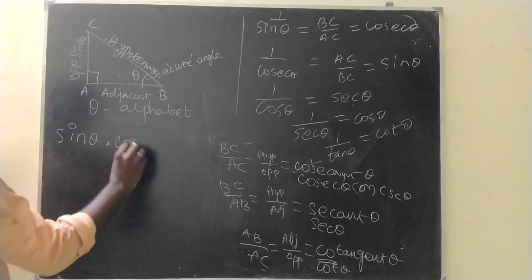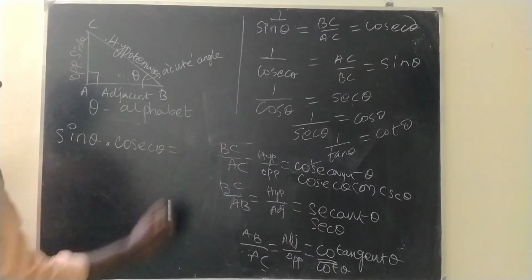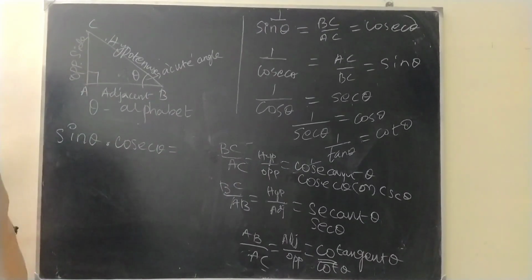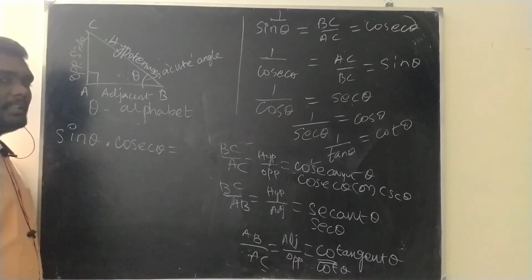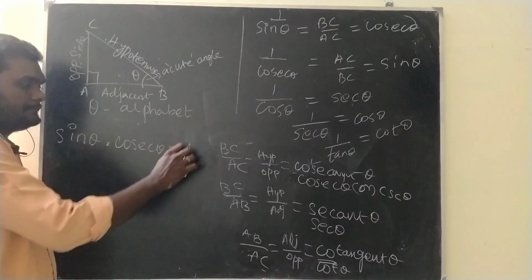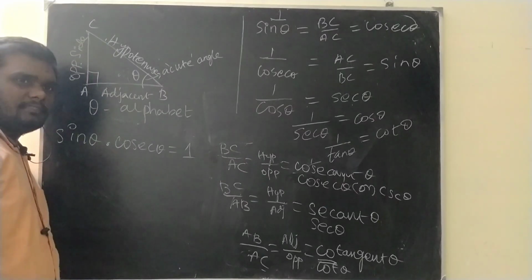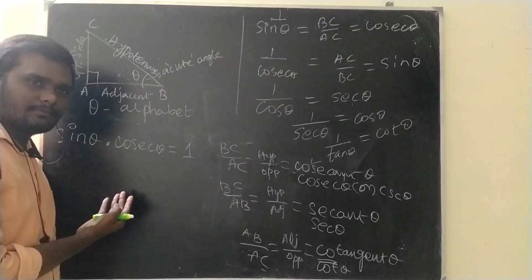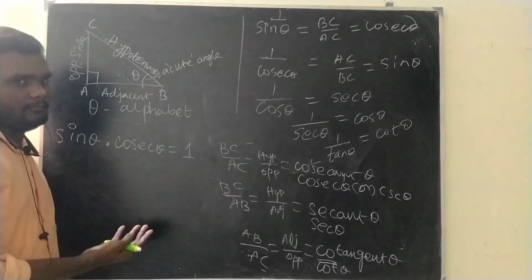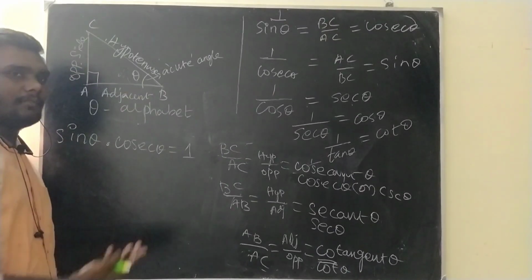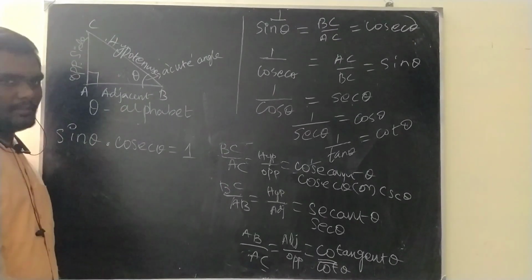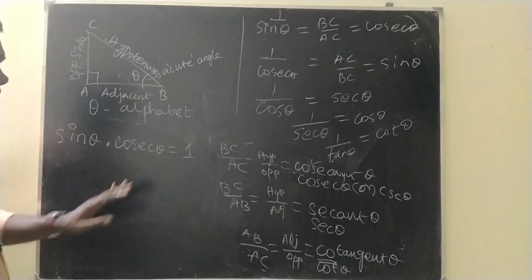Sin theta into cosecant theta is sin by sin, which is 1. That is all. Is this a formula? No, don't count it as a formula. It is just the basic definition.